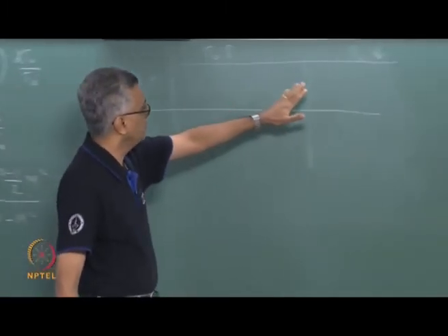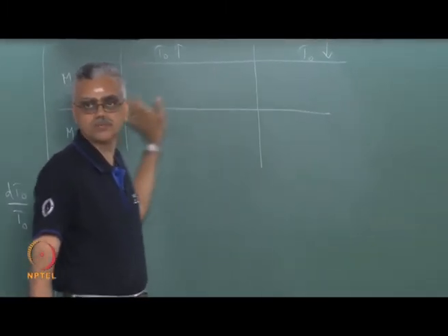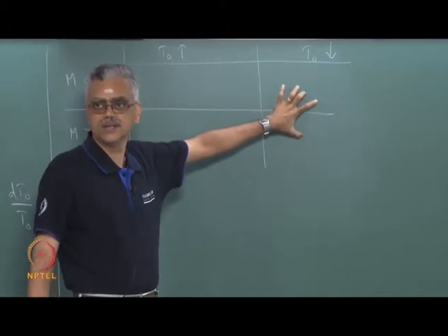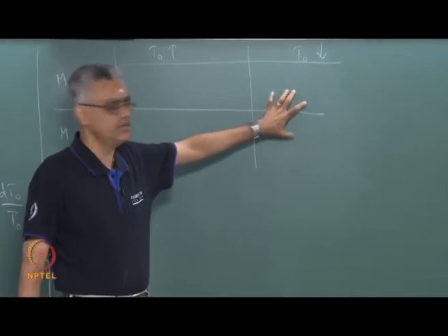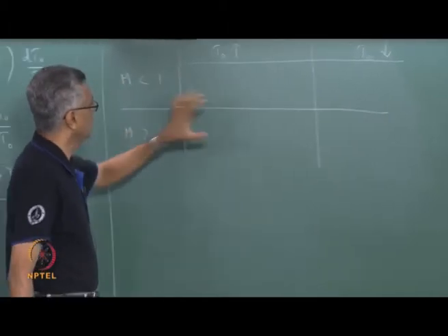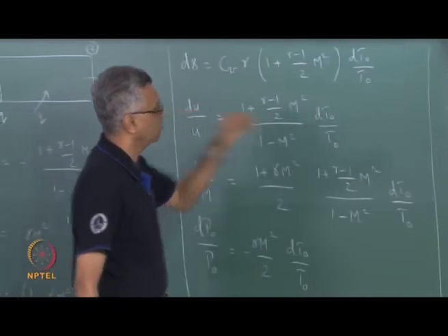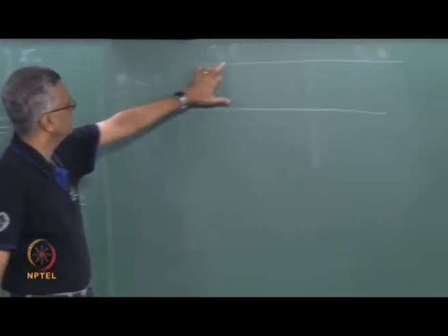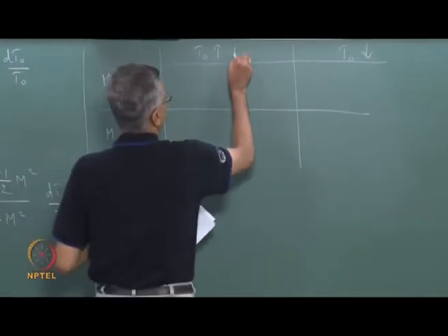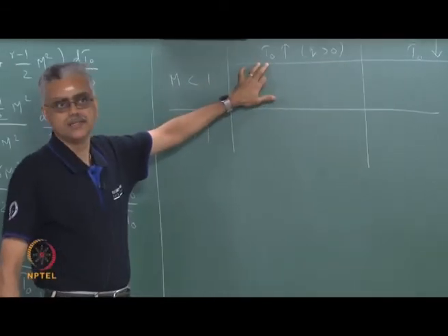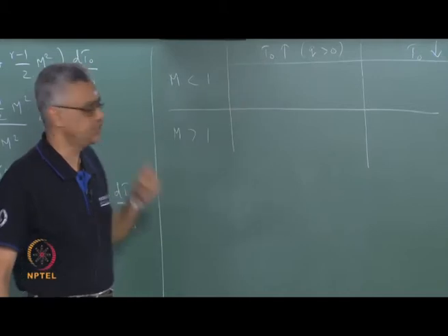Similarly, you can see what happens when I remove heat from a subsonic flow and a supersonic flow. Although this is, as I said earlier, not of interest to us generally. So I am going to concentrate only on this situation when we add heat to a subsonic flow or a supersonic flow. So this corresponds to heat addition. So Q is positive because the stagnation temperature increases, right. So, this corresponds to heat addition.